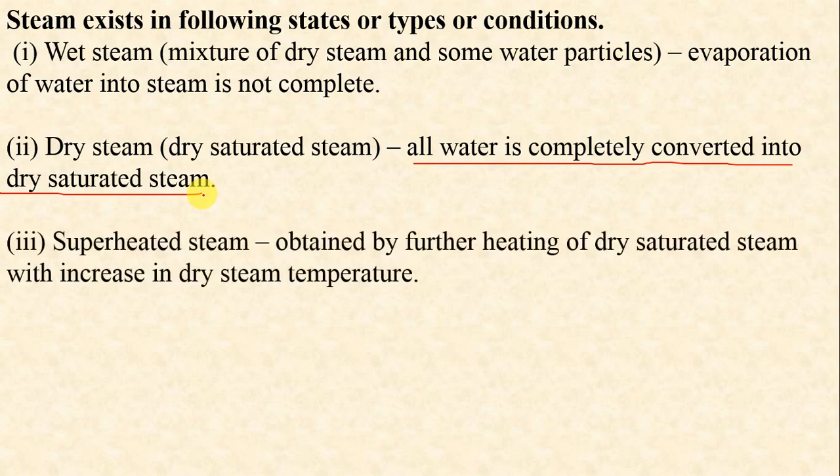Then superheated steam. When the dry steam is further heated at a constant pressure, thus raising its temperature, it is said to be superheated steam. Since the pressure is constant, the volume of the superheated steam increases. It may be noted that the volume of 1 kg of superheated steam is considerably greater than the volume of 1 kg of dry saturated steam at the same pressure.